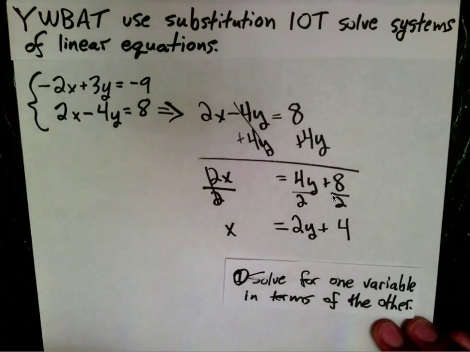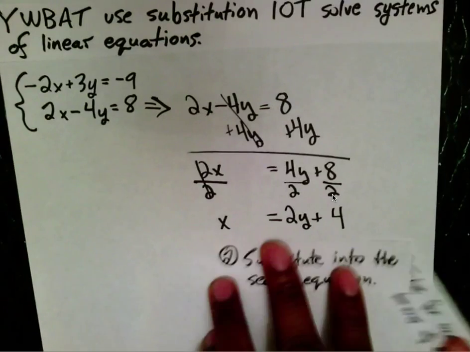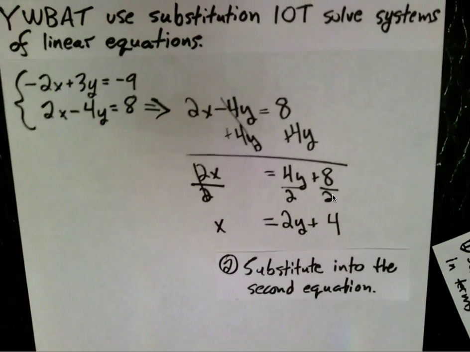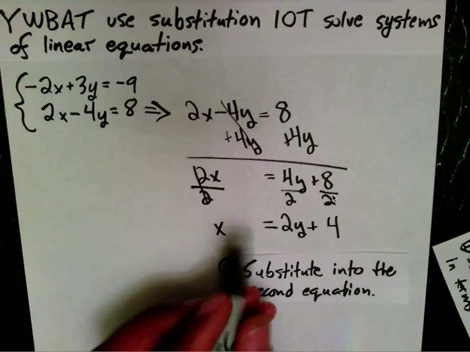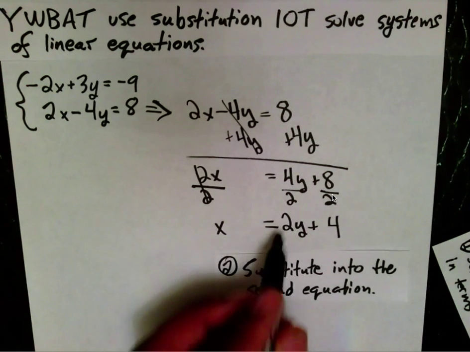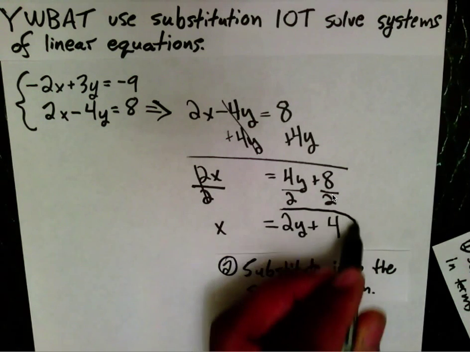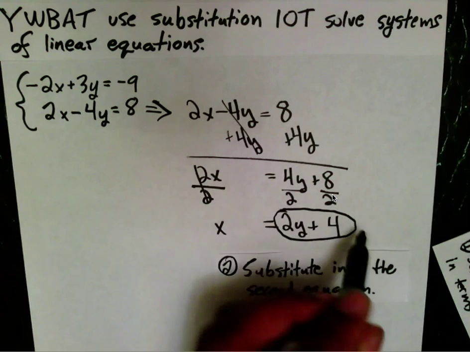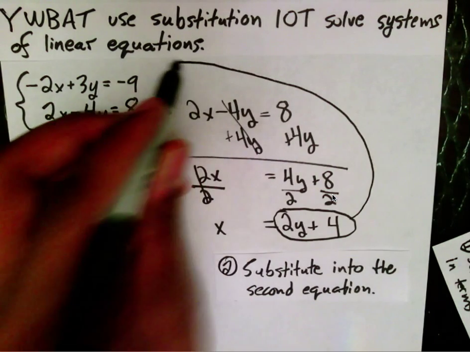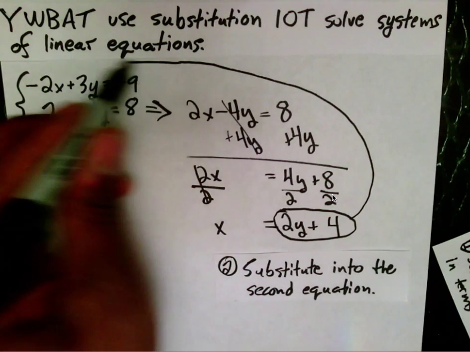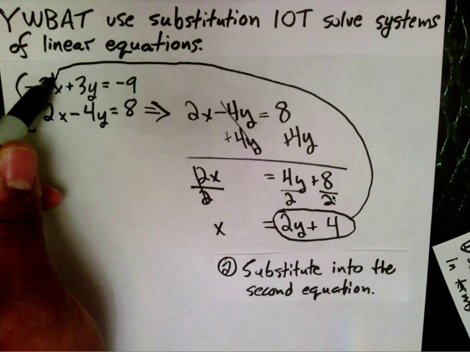Next, I need to substitute into that other equation. So I need to take my x equals 2y plus 4. If x is 2y plus 4, I need to substitute that into my other equation wherever I see an x.